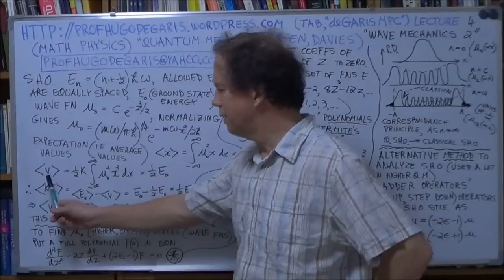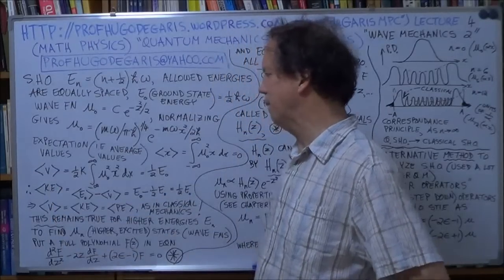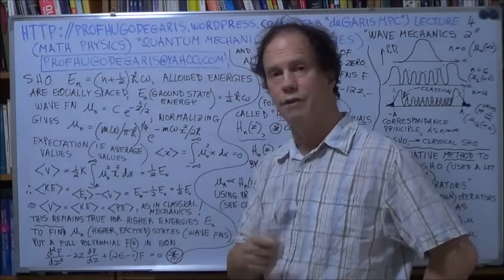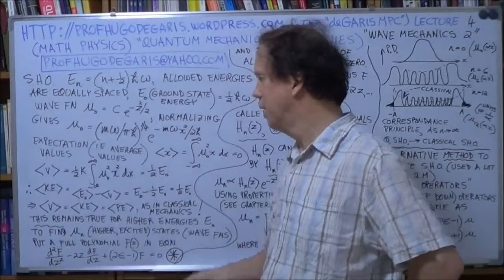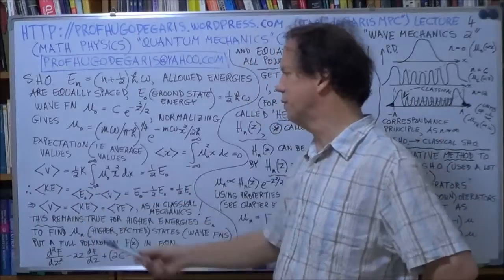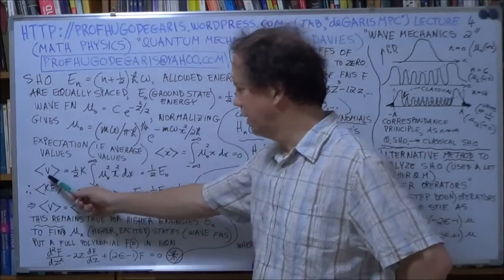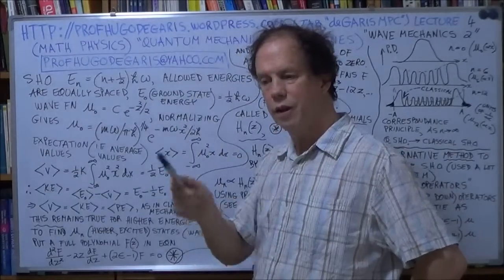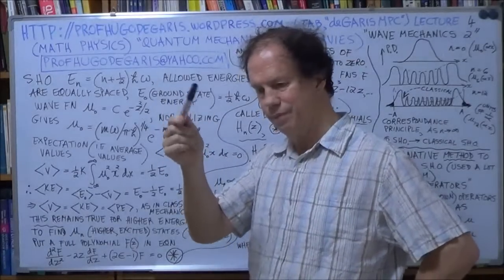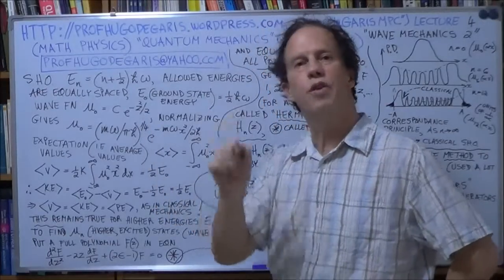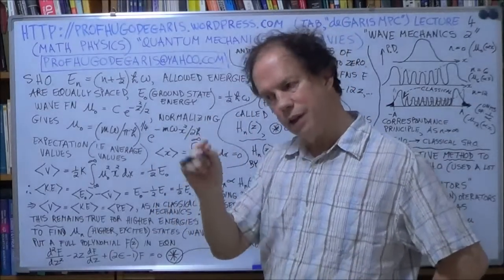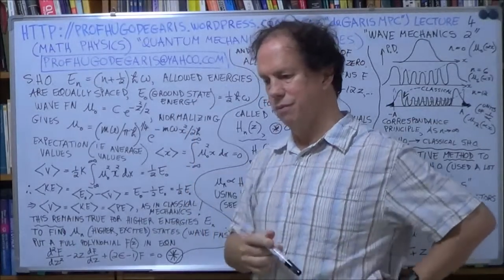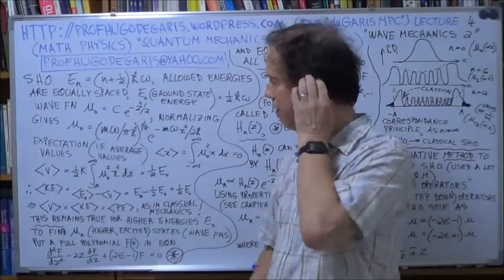Now, what about the average potential energy? Because your V is half k x squared, right? So this would be a lot less trivial. Well, to find the average of anything, you integrate the anything by the probability distribution over whatever range that you have.